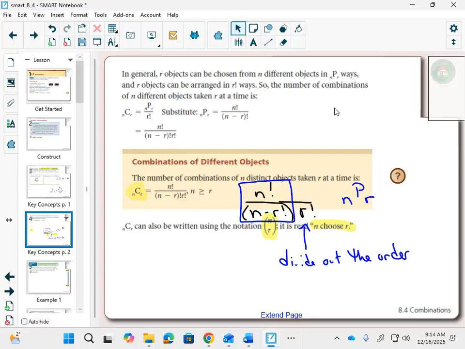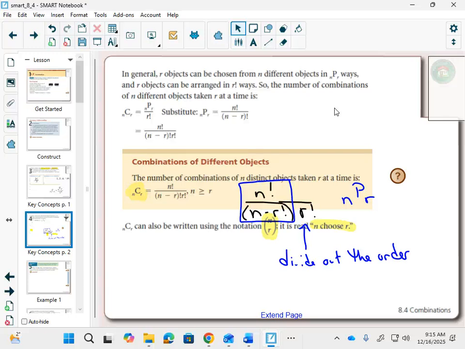Now these questions are all going to get mixed up on your test and on the exam. So going into the question, you're going to read a question, it's going to sound very similar to a permutation question, and your first question is, is this a question where the order matters or the order doesn't matter? If the order matters, then I'm going to use my permutation strategies.